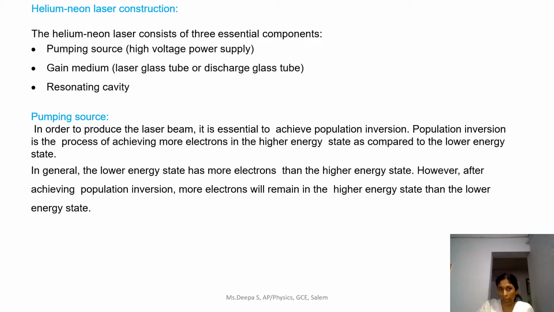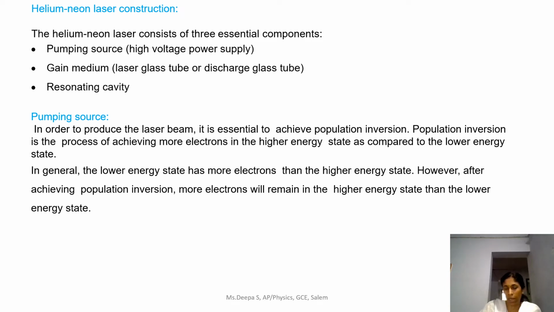Next, helium neon laser construction. It consists of three parts. One is a pumping source, the next is the gain medium or active medium, and the third is the resonant cavity. There are different types of pumping methods. In this, we are using the electrical discharge method, where we pump the atom from the ground state to the excited state by means of an external voltage.